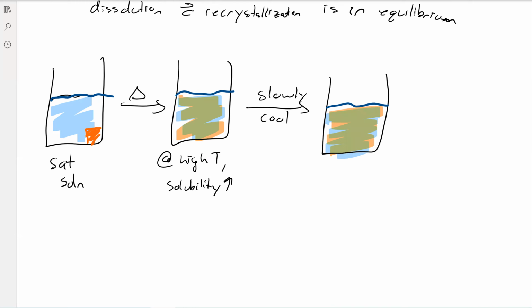And so it'll actually stay supersaturated for quite a good bit. So when you have these supersaturated solutions, the reason that they're allowed is because they're not at equilibrium yet. And they will precipitate out eventually.